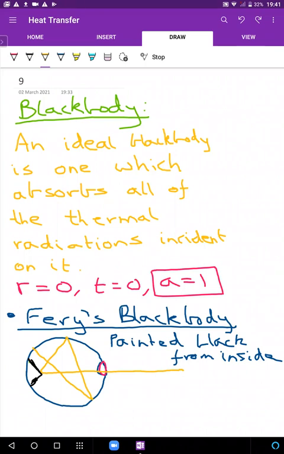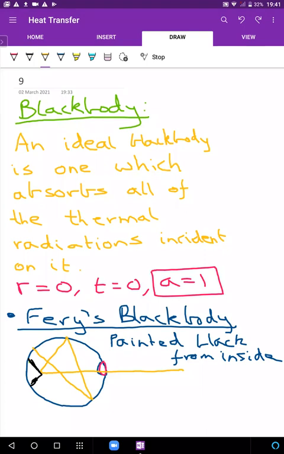Okay? And then your entire surface is painted black from inside, so at every reflection most of the light rays are getting absorbed. Intensity is diminishing through every single reflection. And finally, because the hole is small in size, the probability of the light rays coming out from the hole again is very rare.